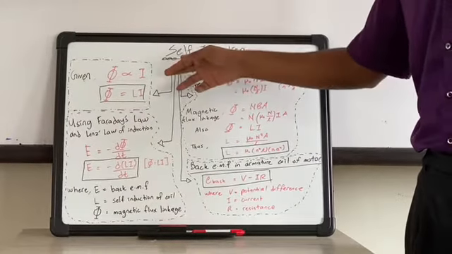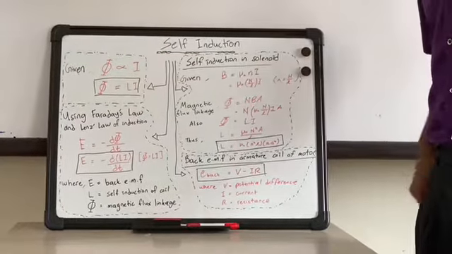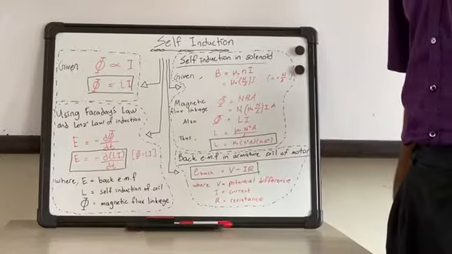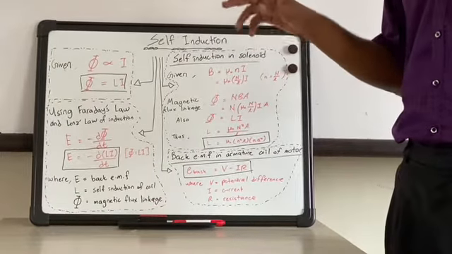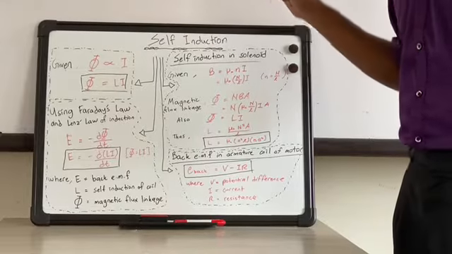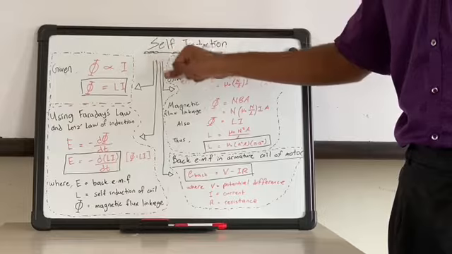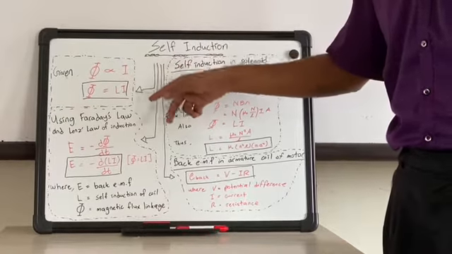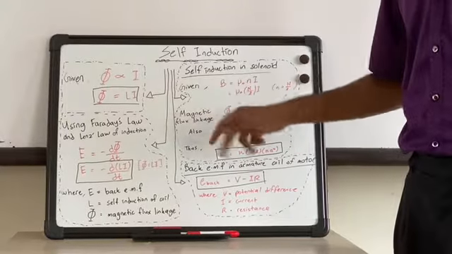So we can make it into this formula, which is magnetic flux linkage equals L, which is self-inductance, times current, which is I. So we should remember this formula first, and then we will go to Faraday's law.